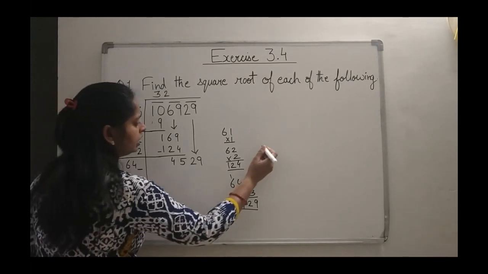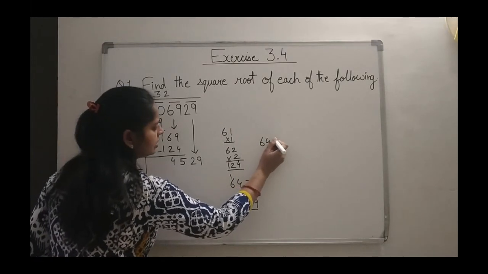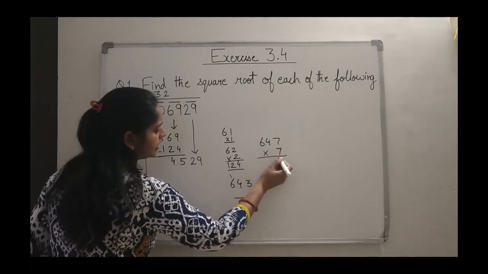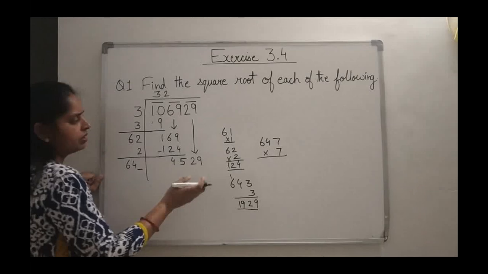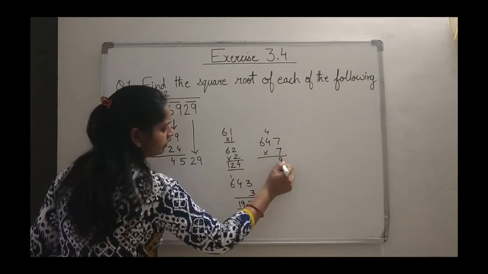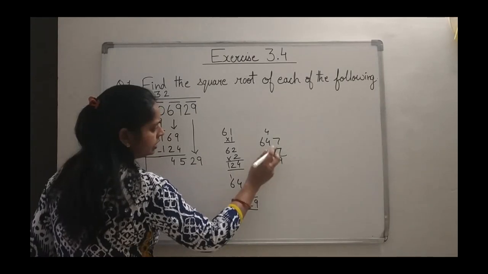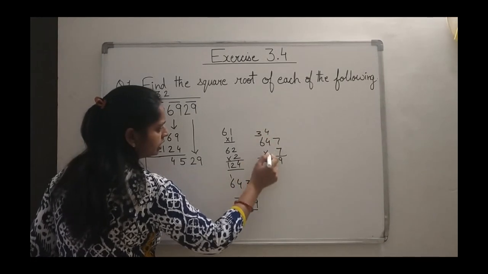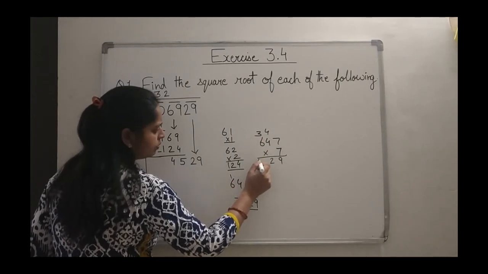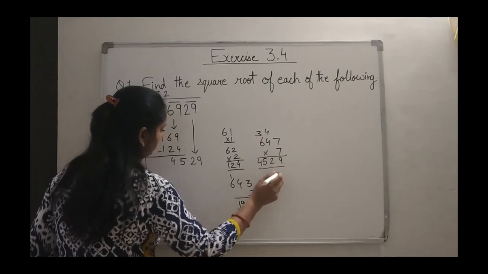So we can take 647, because 7 7s is 49. 7 4s is 28 plus 4 makes 32. 6 7s is 42 plus 3 is 45. So we reach this number.